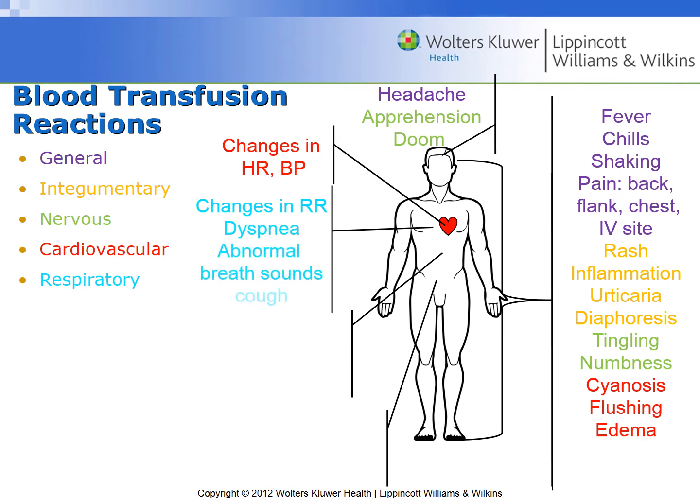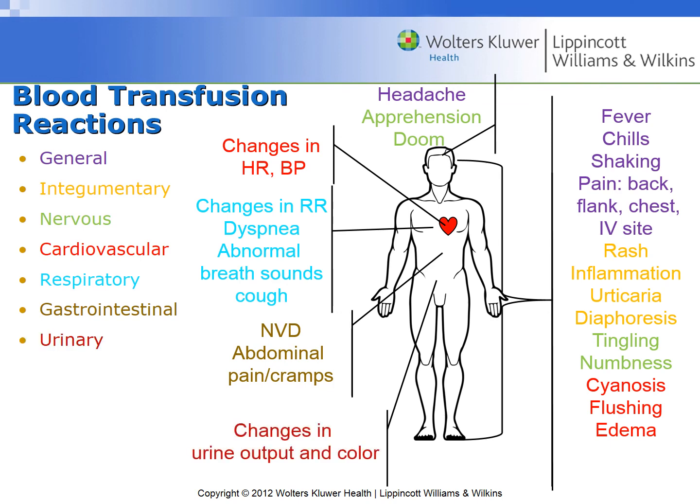Respiratory: changes in respiratory rate. Tachypnea, dyspnea, cough, abnormal breath sounds as the lungs become edematous. GI: nausea, vomiting, diarrhea. Body is trying to purge any way that it can.